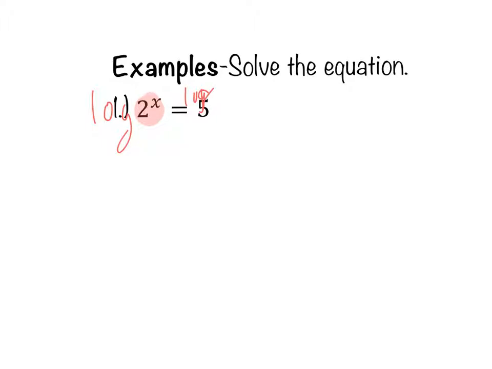What that allows me to do is use the power property and take this exponent and move it out front, giving me x times the log of 2 equals the log of 5. And you just simply solve for x.